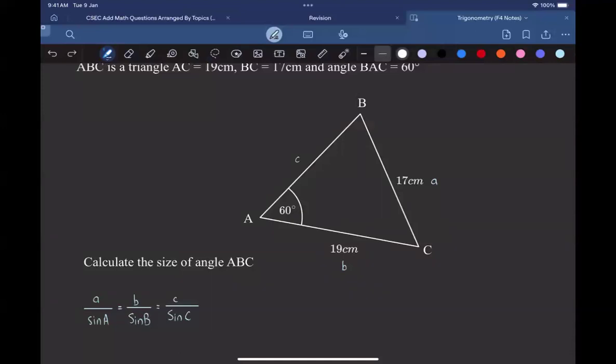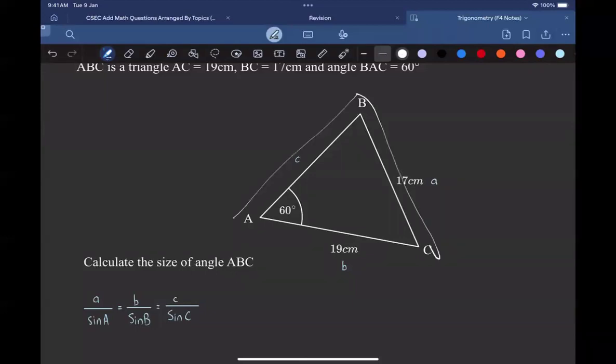The 60 degrees is angle A. Yes, 60 degrees is angle A, but do you know where angle ABC is? I know where B and C are. I know, but ABC: anytime you see it like this, whatever is in the middle is your angle.